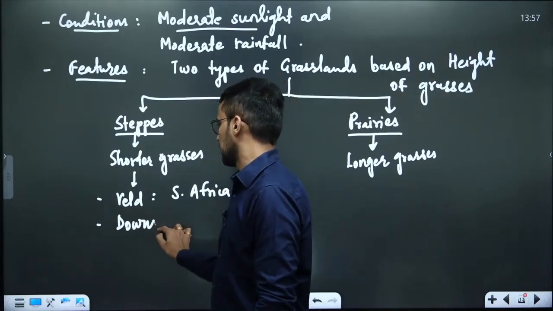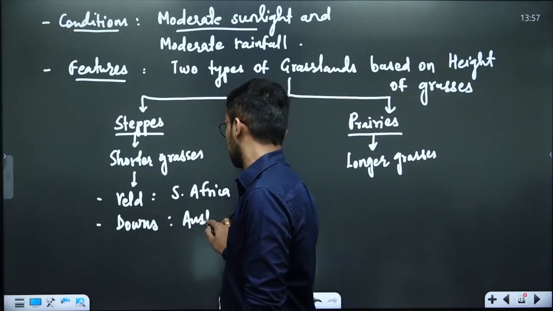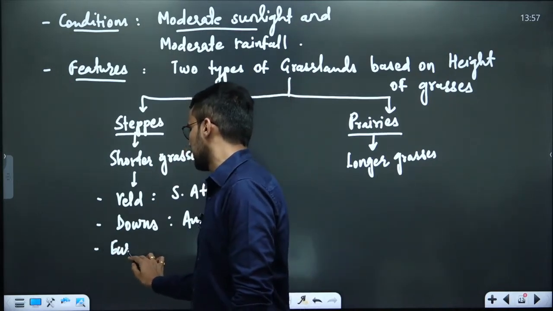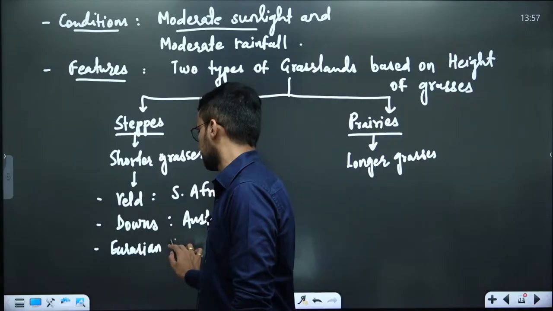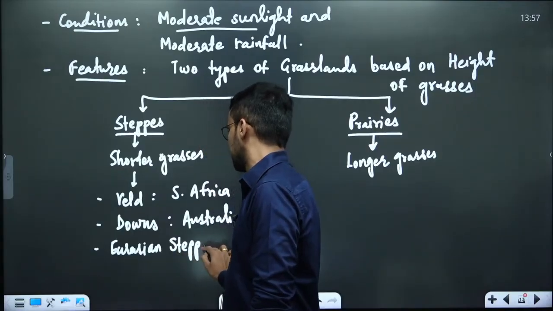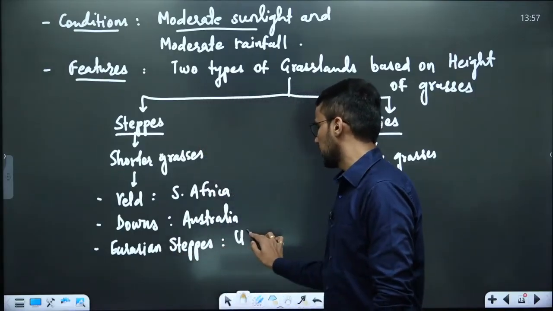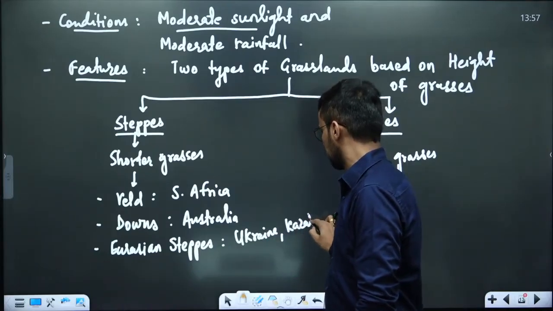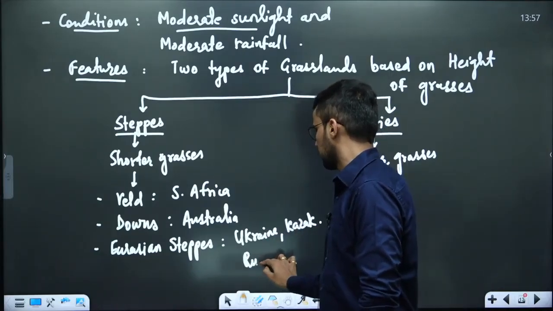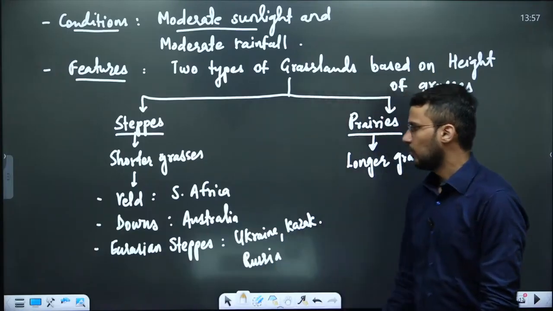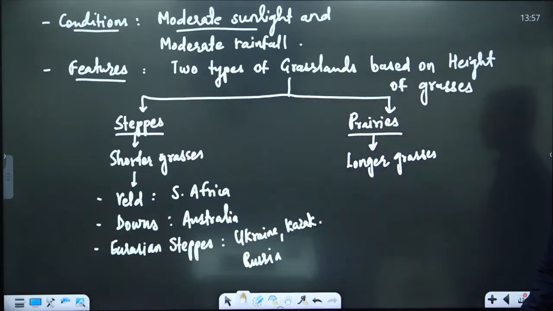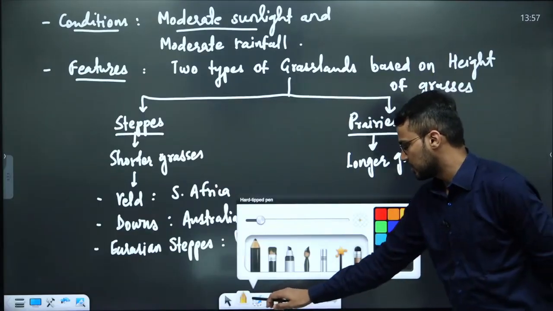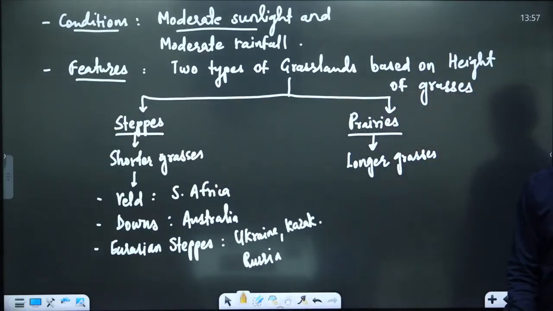Downs in Australia, and simply Eurasian steppes in Ukraine, Kazakhstan, and Russia. Veld, Downs, and Eurasian steppes. These are some other names to steppes.